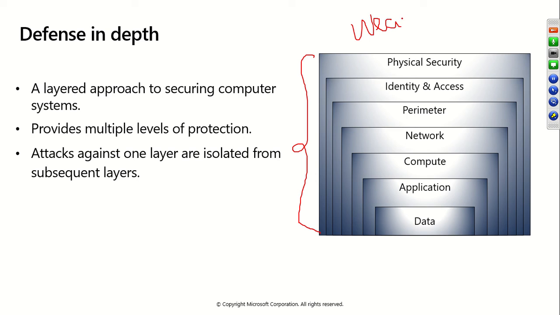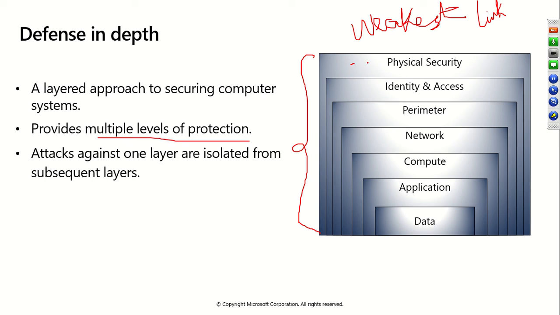Okay? Every company is as secure as the company's weakest link. So if you do not use these layers, you will have a lot of weak links, and that will breach your security. So security should be layered, and this provides multiple levels of protection such that when a particular layer is attacked, it will not really affect the other layer.